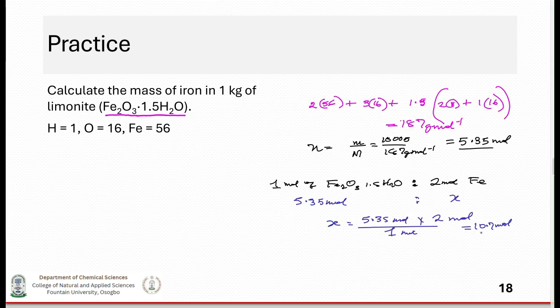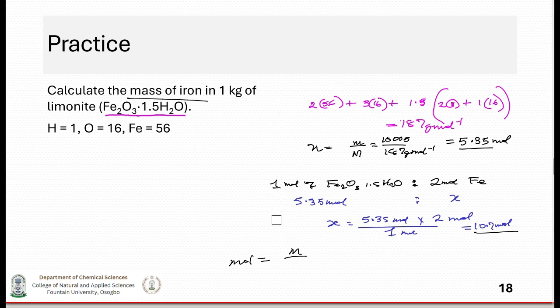So we've gotten the number of moles of iron in 1 kilogram of limonite. So the question is to calculate the mass of iron in this. Remember, number of moles equals mass over molar mass. Small letter m is for the mass, and capital letter M is for the molar mass.